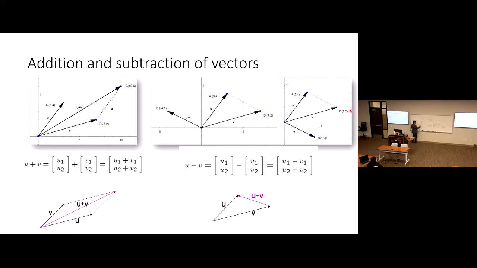Let's name these data points A, B, C, D. The first one will be A minus B, which helps you calculate the difference between these two points. You can do A minus C, A minus D, and then B minus C. You can do this pairwise difference between vectors.